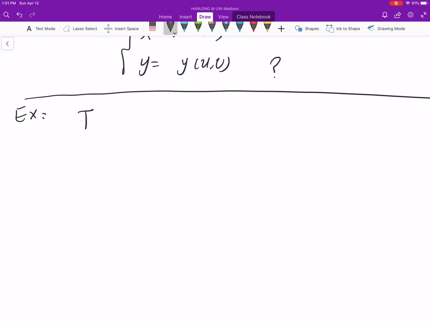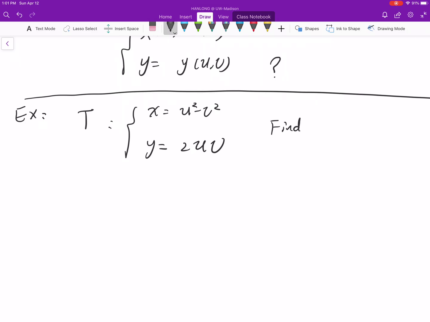So suppose you have a transformation T given as follows, mapping (u,v) to (x,y).